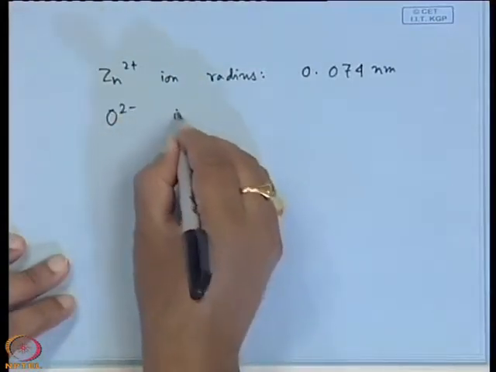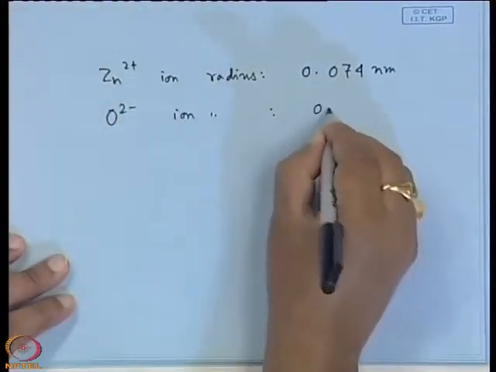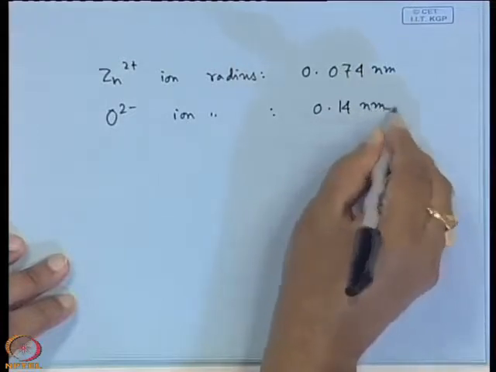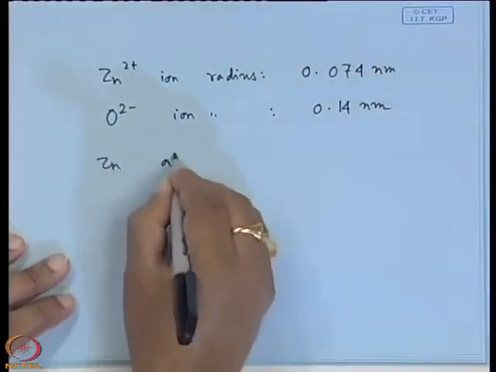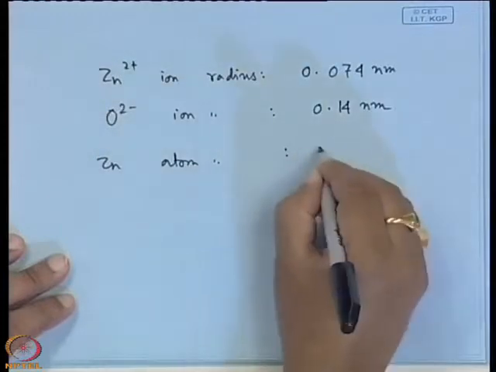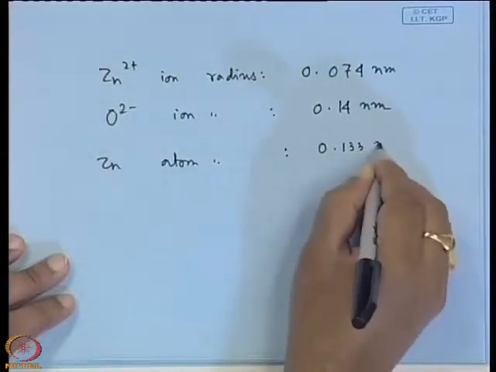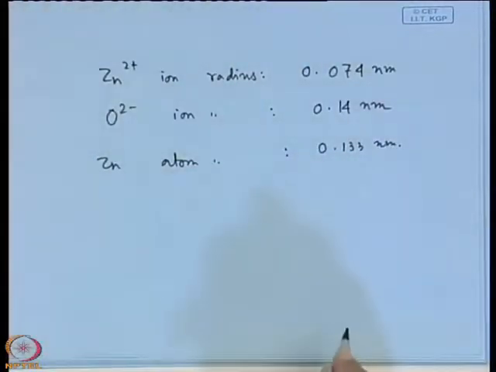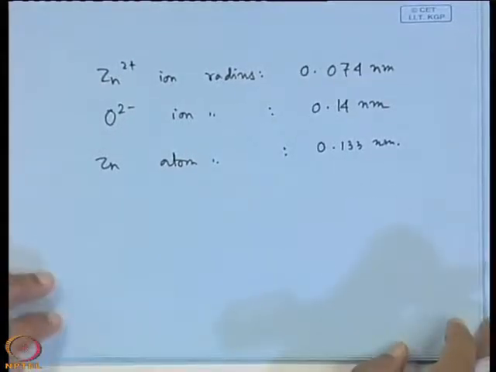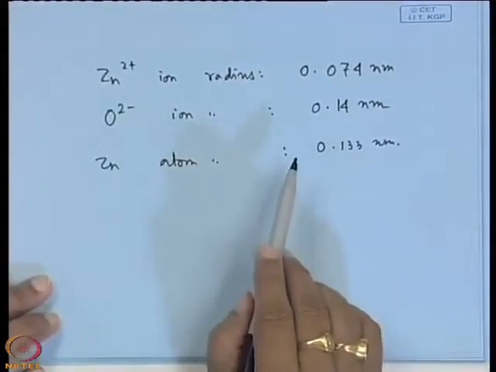Oxygen ion radius is 0.14 nanometer, zinc atom radius is 0.133 nanometer. Okay. So, that means what will happen?